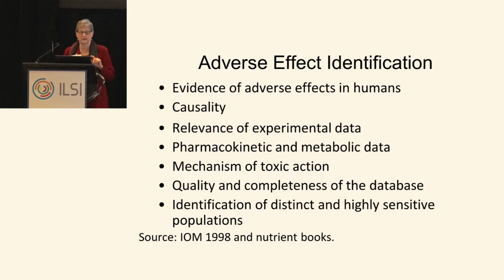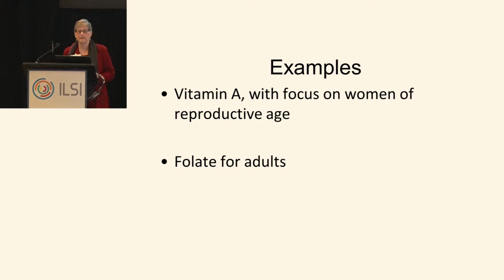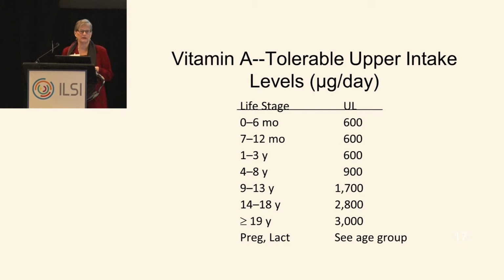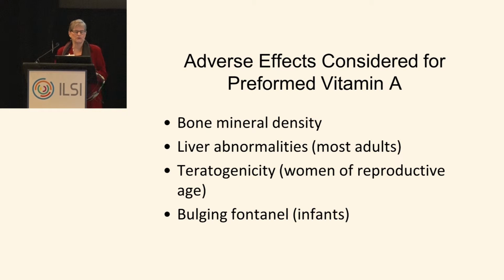Okay, so how did it go? We're going to talk about vitamin A, in particular women of reproductive age. These are the tolerable upper intake levels. To find those, they looked at 4 potential adverse effects: bone mineral density, liver abnormalities, teratogenicity, and bulging fontanelle.